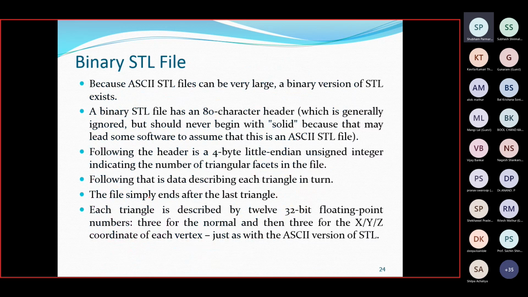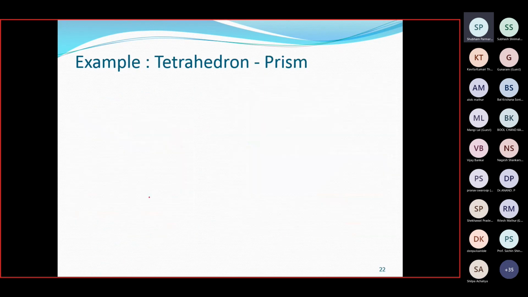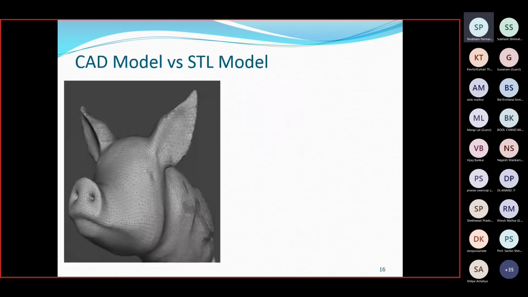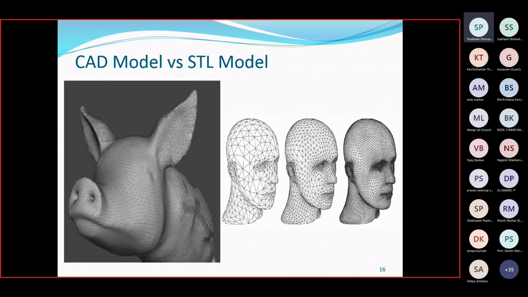Then we have binary. Why do we use the binary version of STL files? See, I think nearly 1 lakh triangles are there in this.